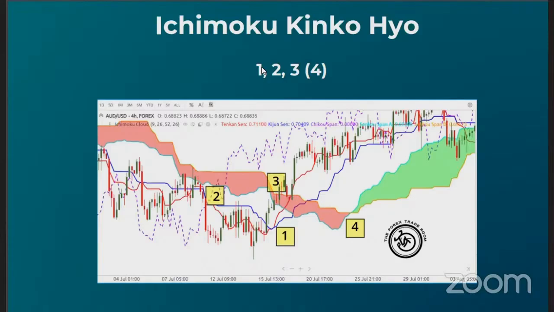I see right there where it says the TK crossover, which is the Tenkan-sen crosses the Kijun-sen, that's number one, and then it's red and it's blue. However, I'm not quite sure which one is which.